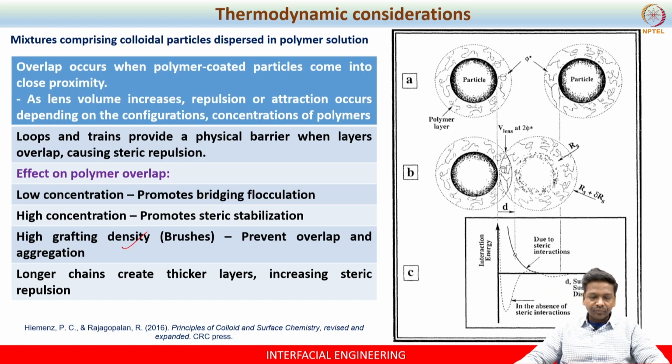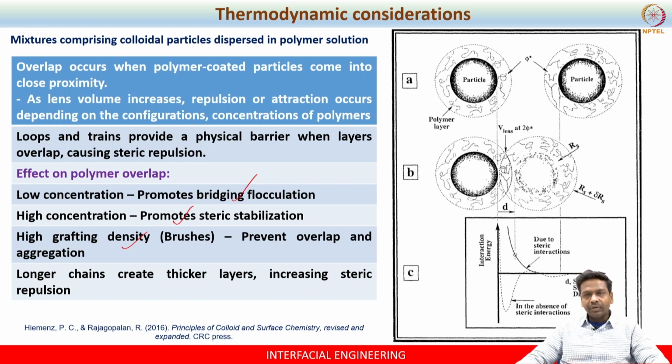On the other hand, whenever the particle surface is covered uniformly with polymer molecules via adsorption, one would get either steric stabilization or bridging flocculation, depending on the concentration of the polymer chains on the surface.